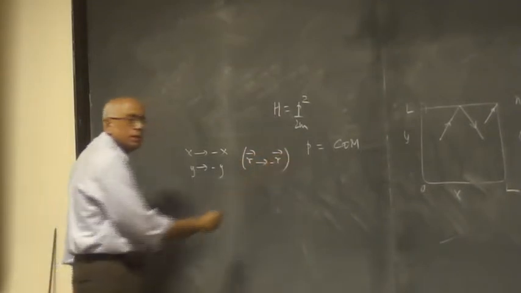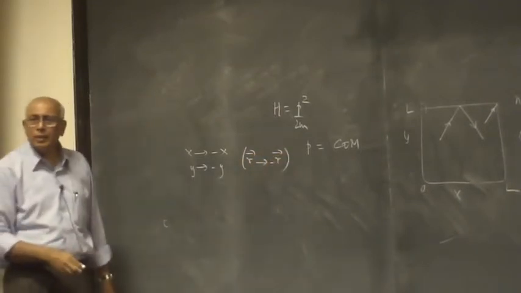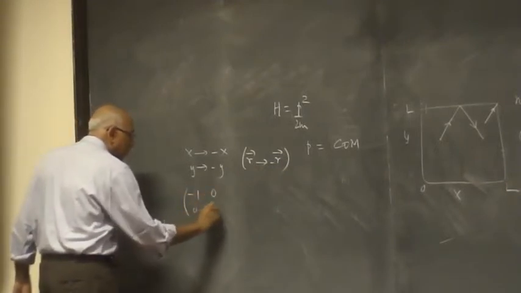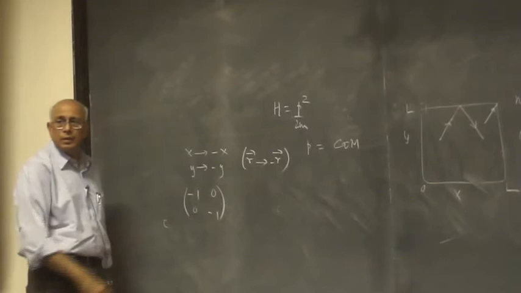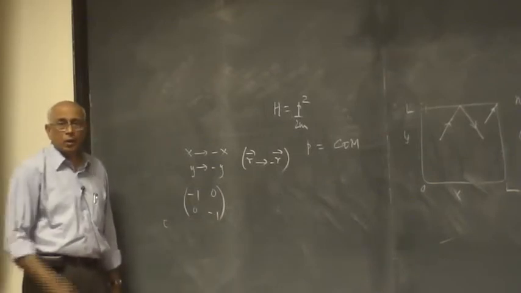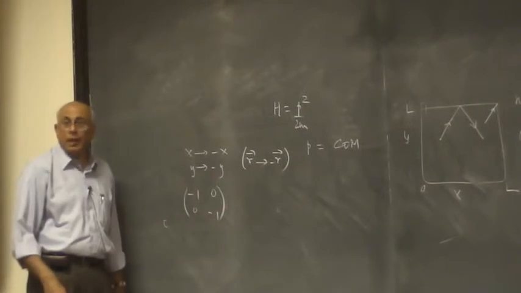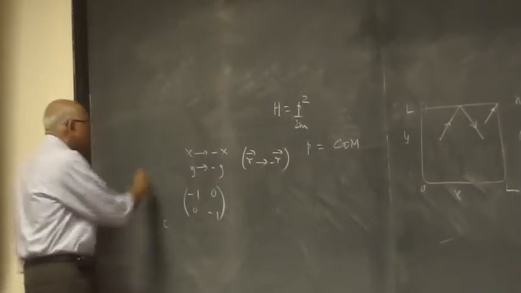R goes to minus R. Is that an improper transformation? Well, the Jacobian matrix is minus 1, 0, 0, minus 1. That's got determinant plus 1. That's a rotation. Yeah, it's a rotation by pi, right?